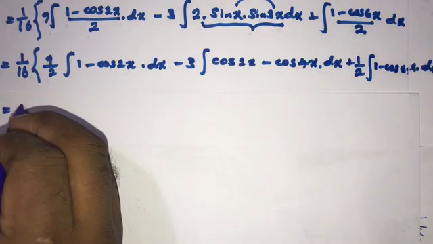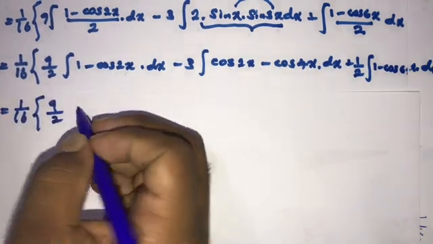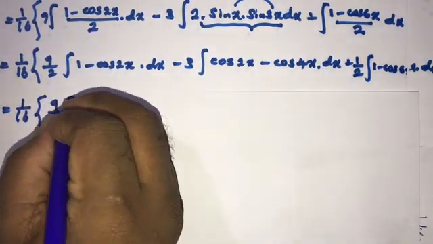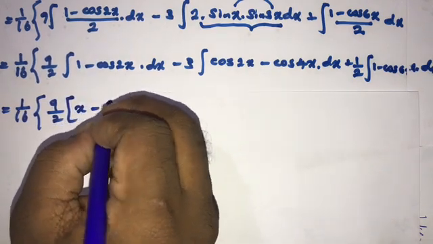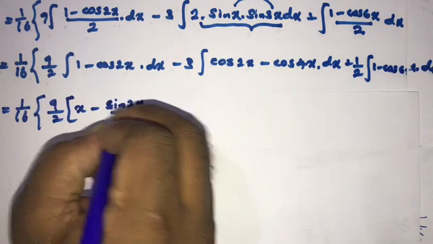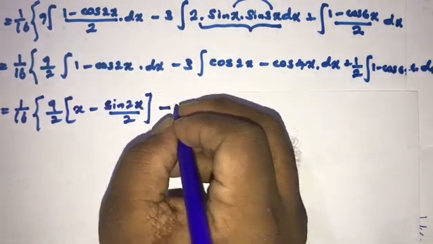Okay, now we can write 1 over 16, 9 over 2, now x minus sine of 2x over 2, minus 3.